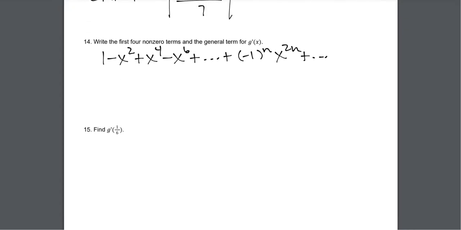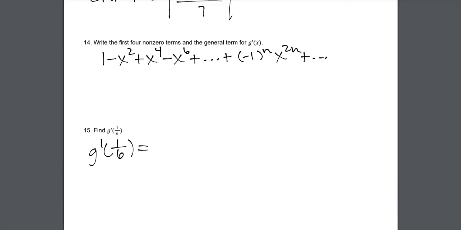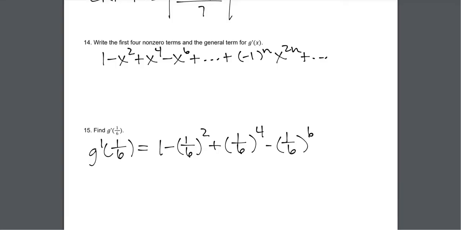All right, that's great. g prime of 1/6, and I think this one was from 2023. This is something that we can do. 1 minus 1/6 squared plus 1/6 to the 4th minus 1 over 6 to the 6, and so on. This is a geometric series.